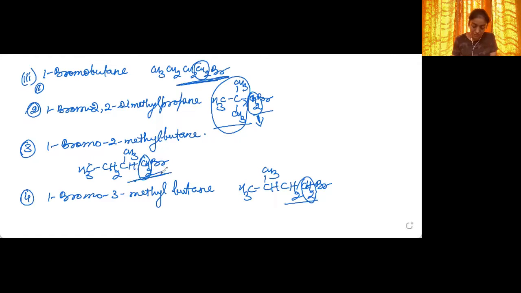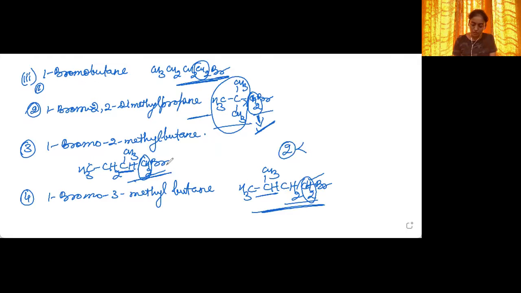In the third molecule, there is steric hindrance near to the carbon on which attack is to take place, but less than that of the second case. In the fourth case, there is steric hindrance, but one carbon away from the carbon on which the attack is to take place. So maximum steric hindrance is in case of the second one, so it will be least reactive.